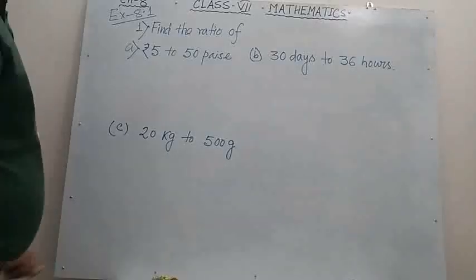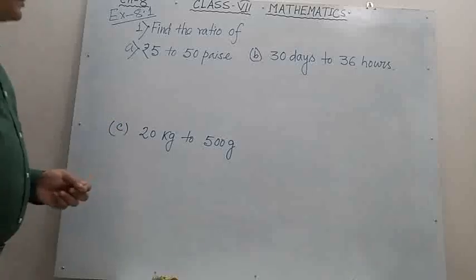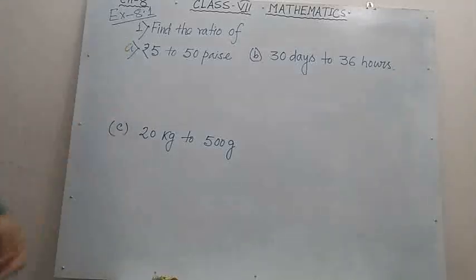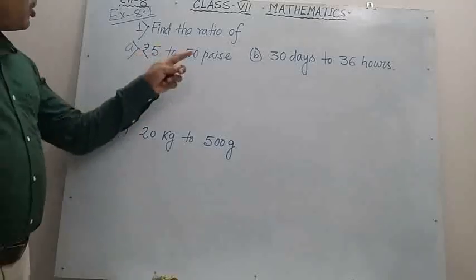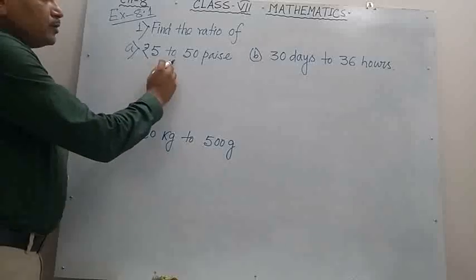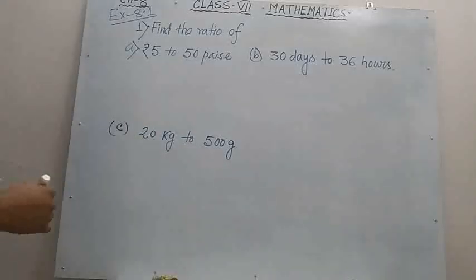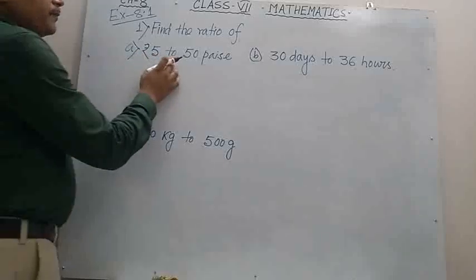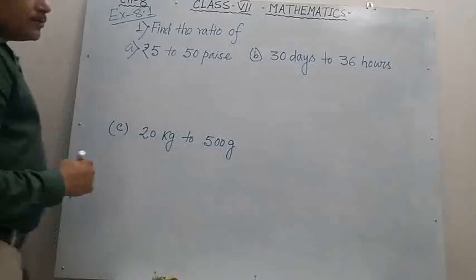Now let us do some selected problems of exercise 8.1. Number 1, find the ratio of A, rupees 5 to 50 paise.